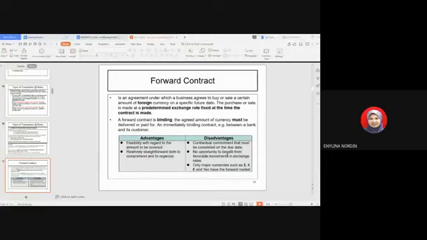After 3 months the contract is no longer valid, in other words.